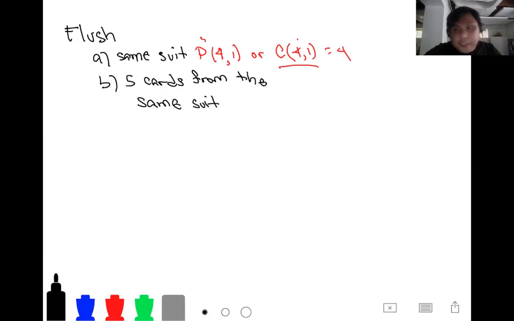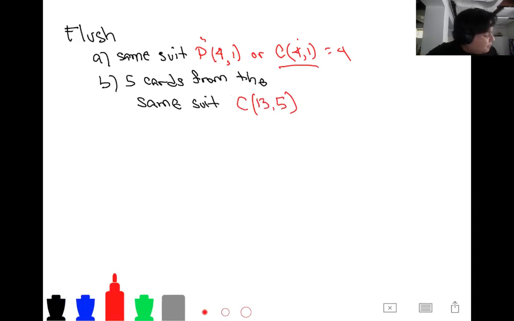So since there is no arrangement necessary, we're going to count this through combinations. Let's use red, of course. So that would be C, 13 taken 5, because out of the 13 heart cards, I will be choosing 5 of them.